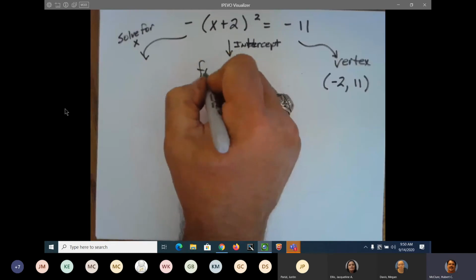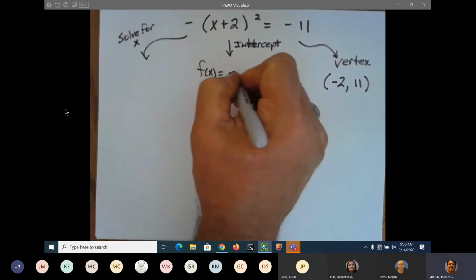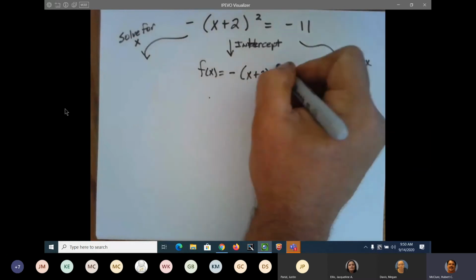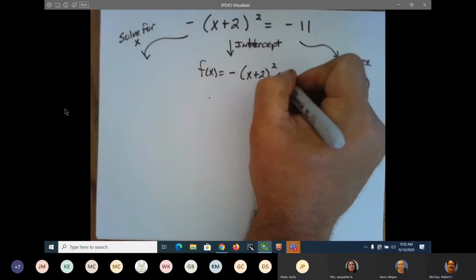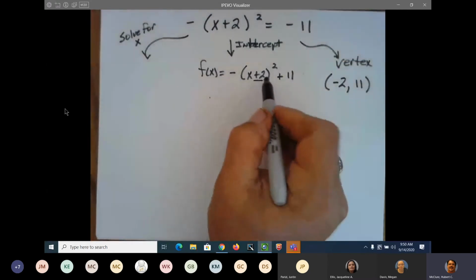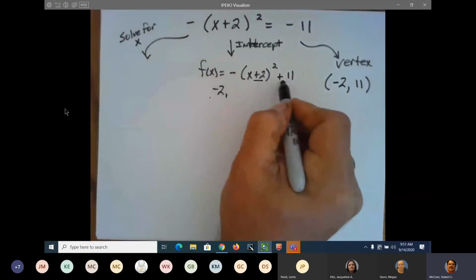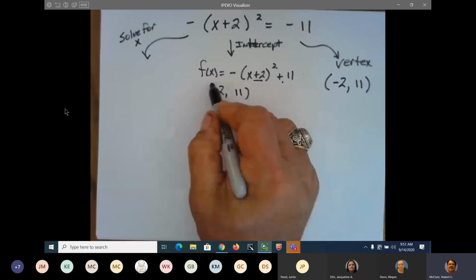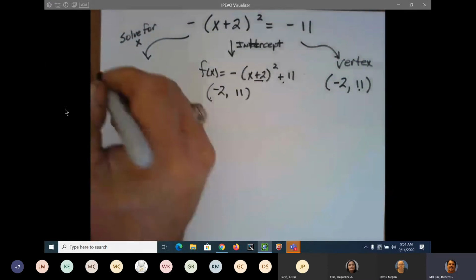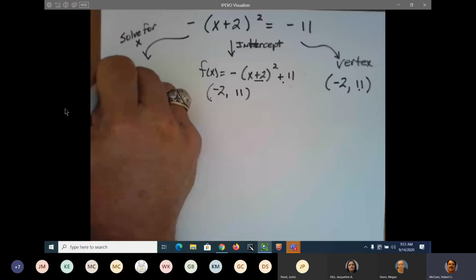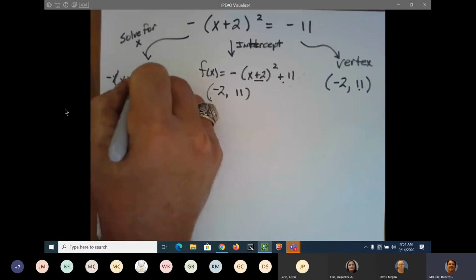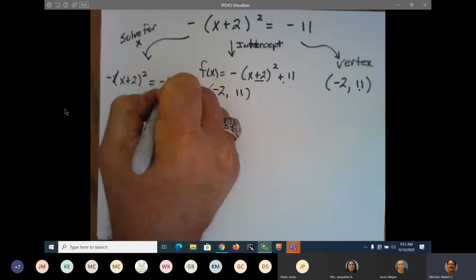F of x is equal to negative x plus 2 squared plus 11. And the vertex is the opposite of this. And bring this down, which should match that. Now, negative x plus 2 squared is equal to negative 11.